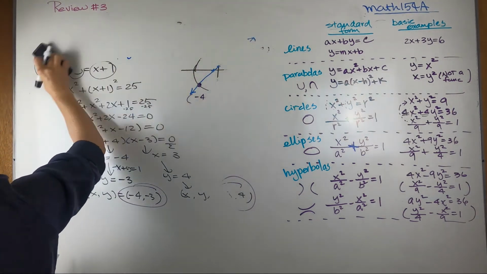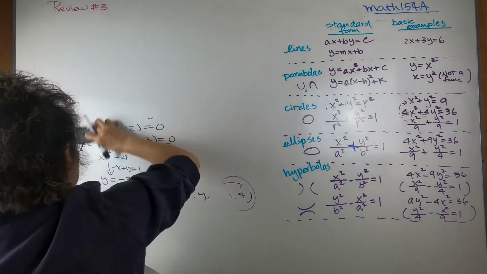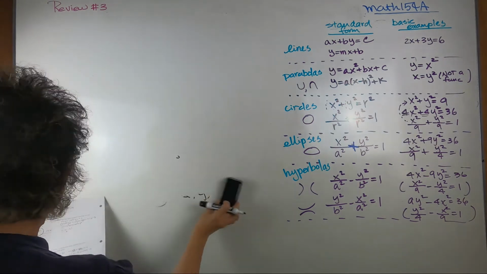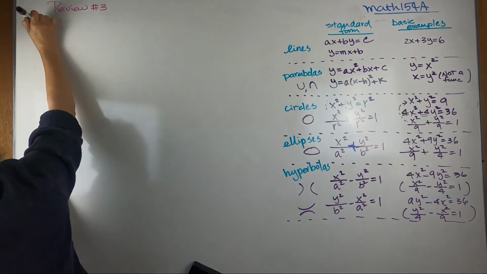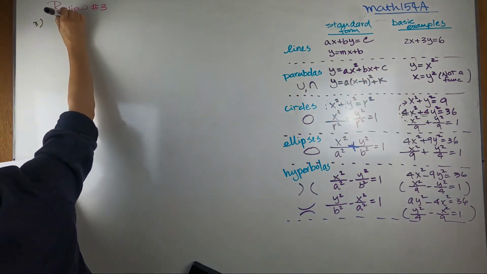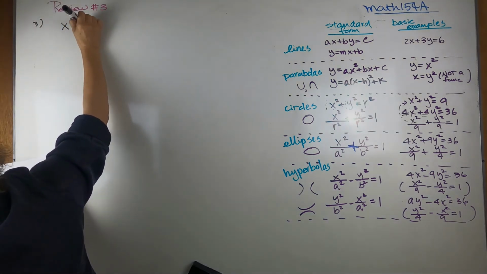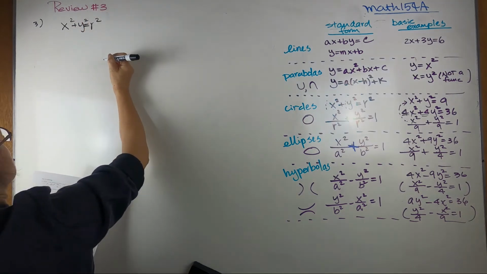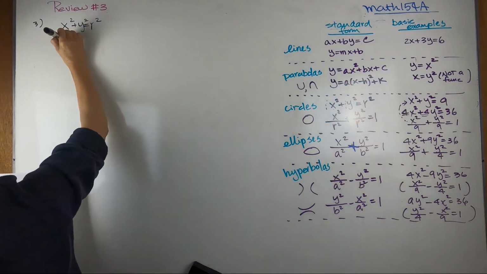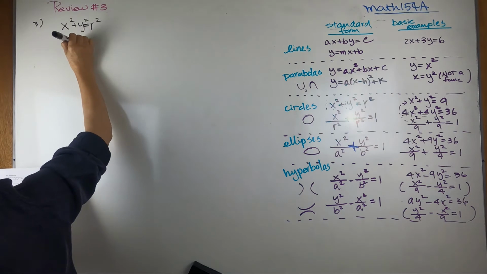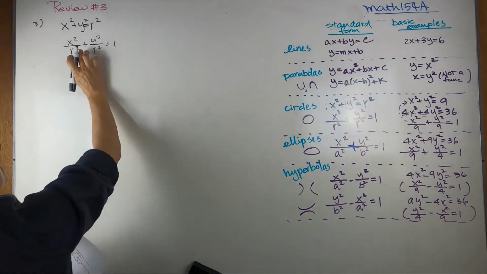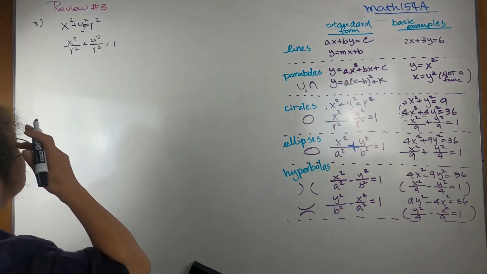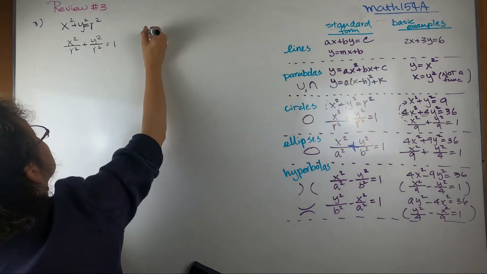Then let's graph some of them. Okay? So for the third one, what is the definition of the circle? We just say, okay, it will look like this. Or you can write x squared over r squared plus y squared over r squared equals 1. That's a center in the middle, at 0, 0, right?